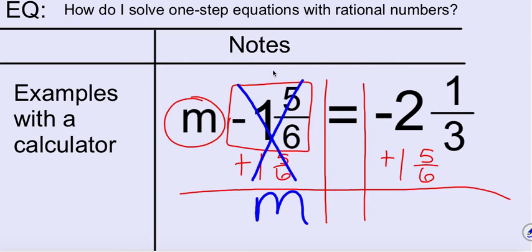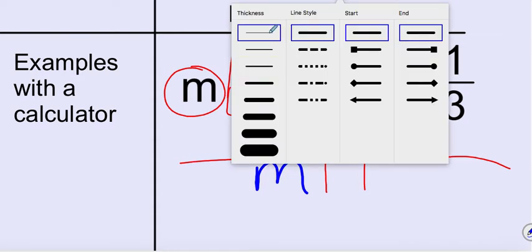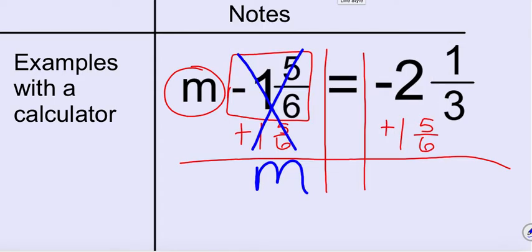On the other side, I need to do some work. Just like I did before, I'm going to write it in a horizontal fashion: negative 2 and 1/3 plus 1 and 5/6.